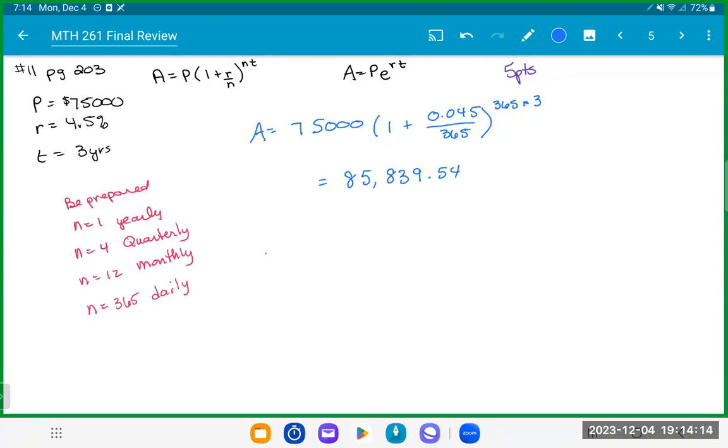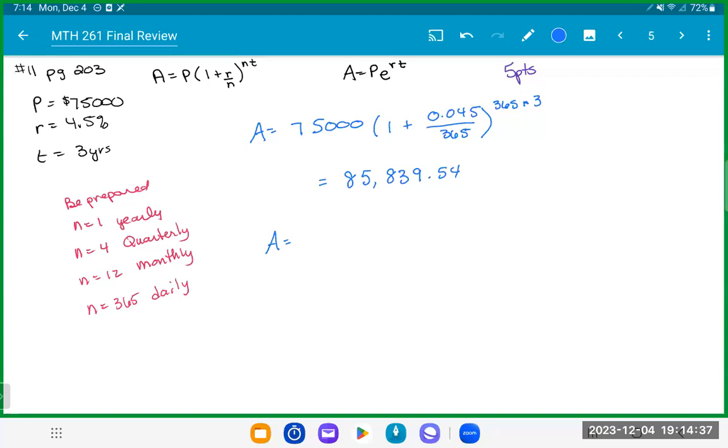Okay. So if we are computing it continuously, then we need to go ahead and use a different formula. Okay, so we're going to use A equals P times e raised to the rt.